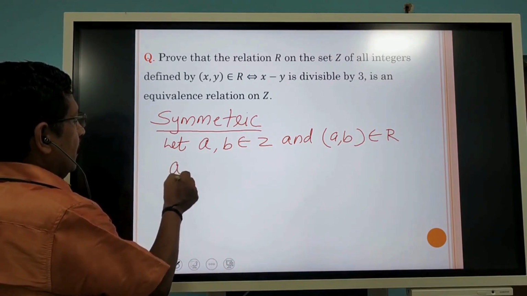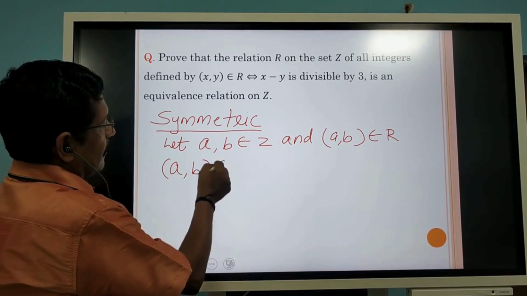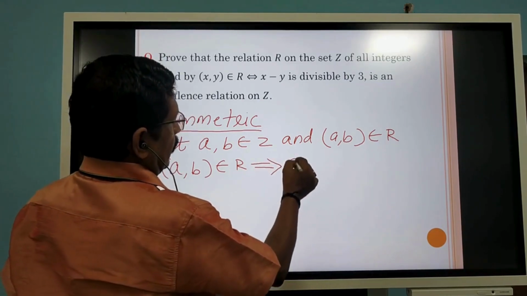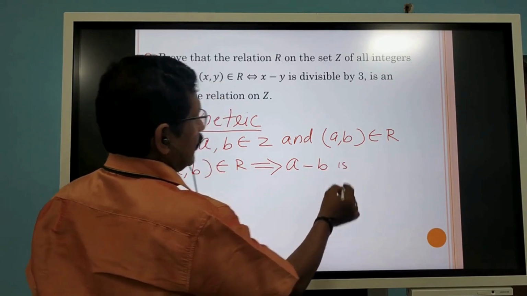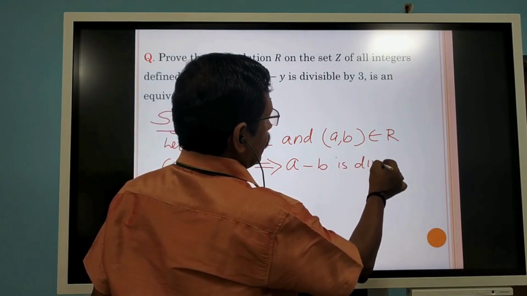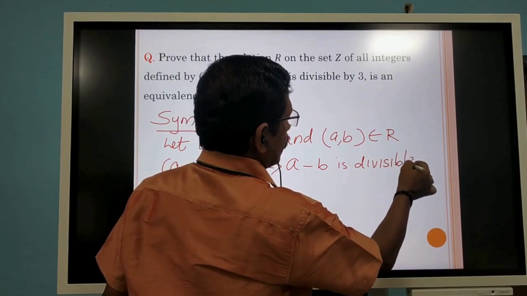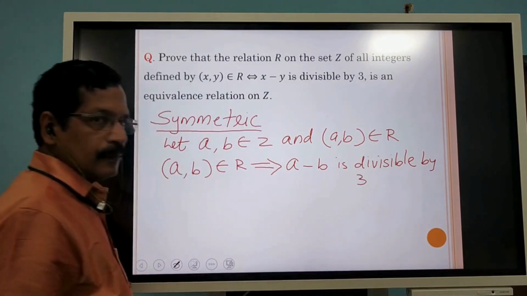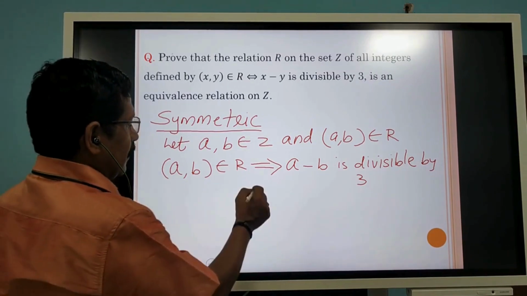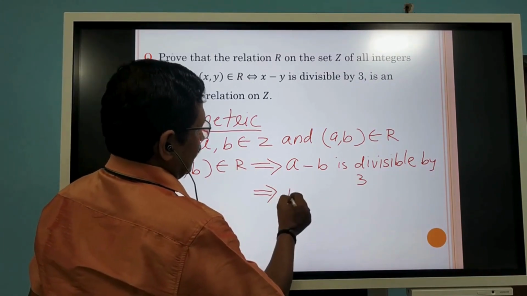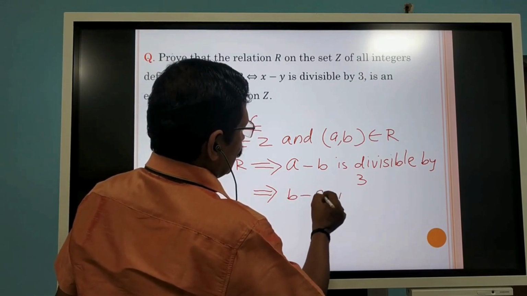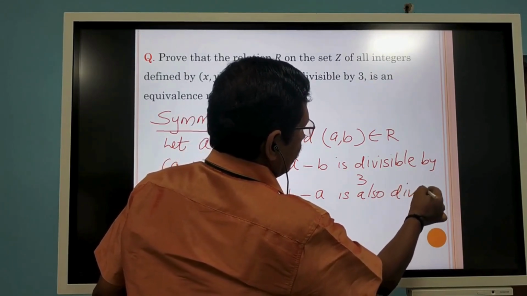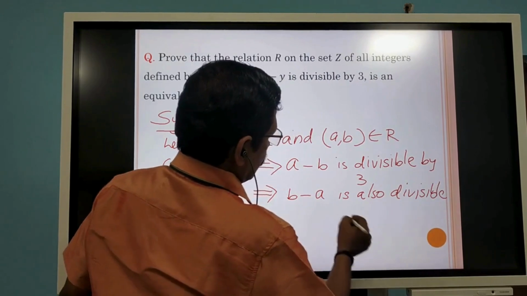Now, a related to b implies, as per the definition of the relation, a minus b is divisible by 3. If a minus b is divisible by 3, then it is clear that b minus a is also divisible by 3.